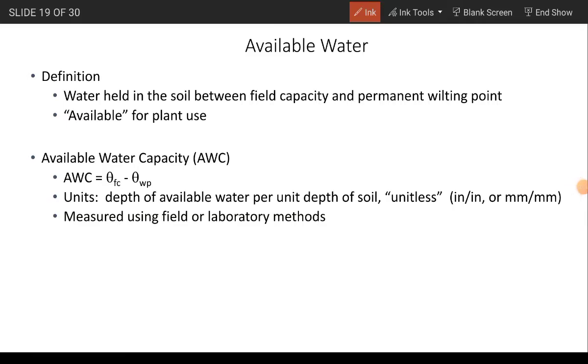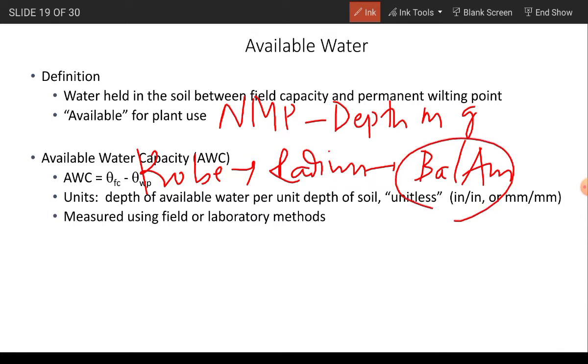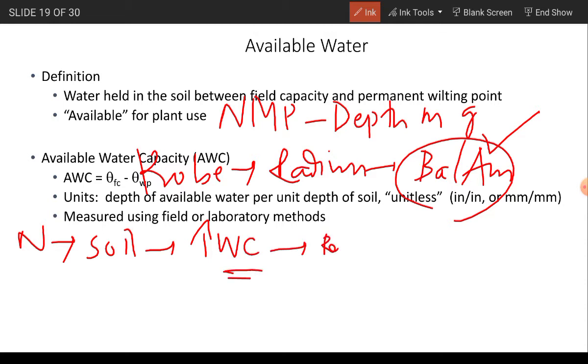The neutron moisture probe is also called the neutron gauge, or depth moisture gauge. There is a probe with radium, and there is an attachment of barium and americium. When the neutron from the probe is released and hits the soil, if the soil has higher water content, then the rate of movement of the neutron becomes slower.